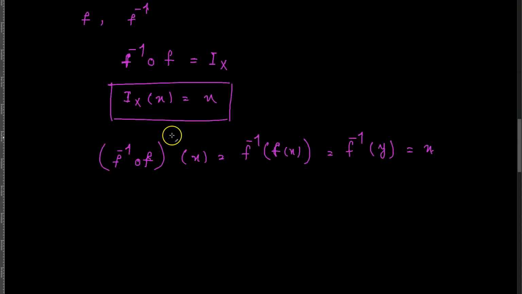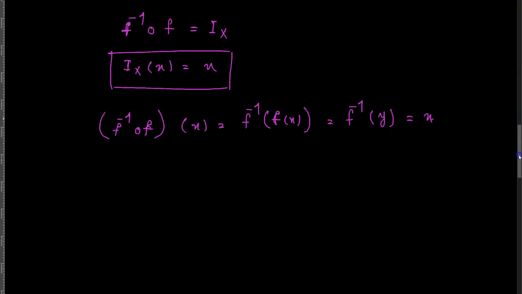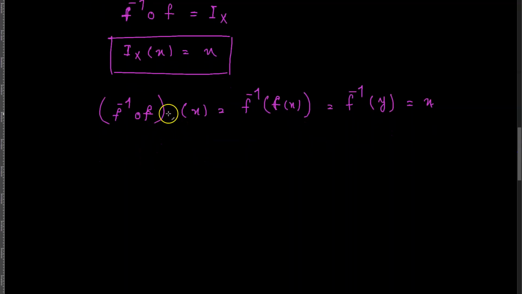Okay, so about the functions and their inverses, what we said in the previous chapter of this book is that suppose you have some function f from some domain x to some codomain y, and suppose that f is one-to-one and onto.